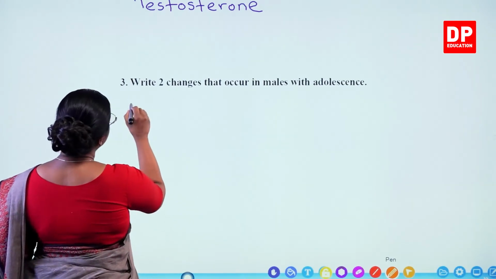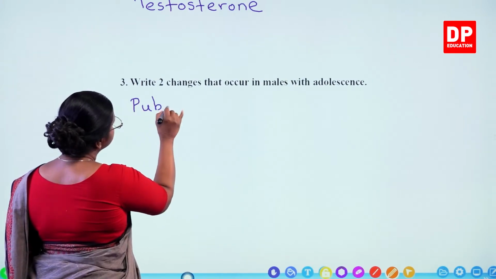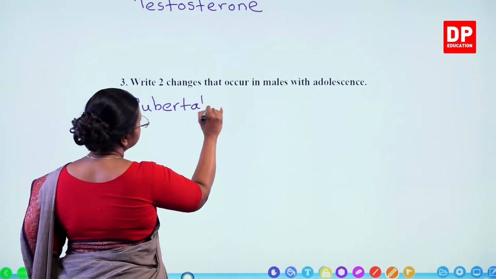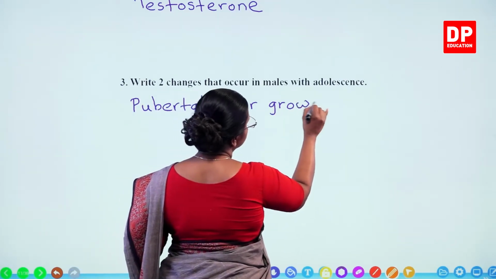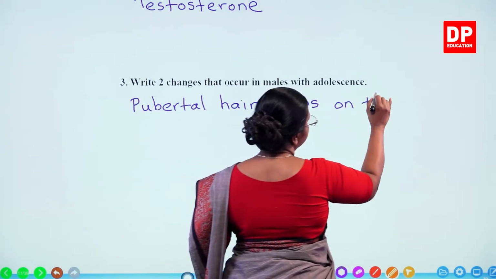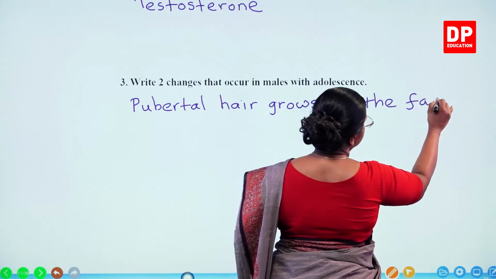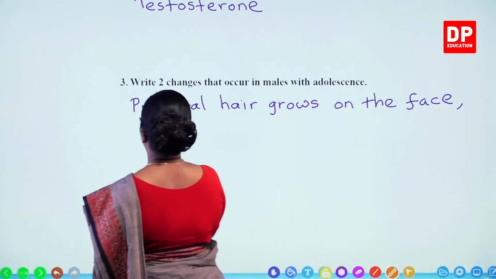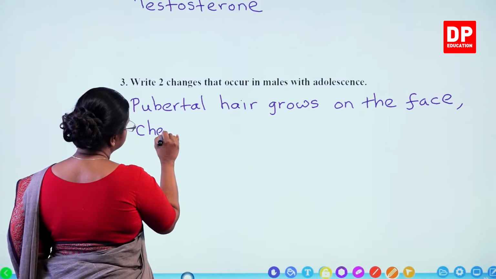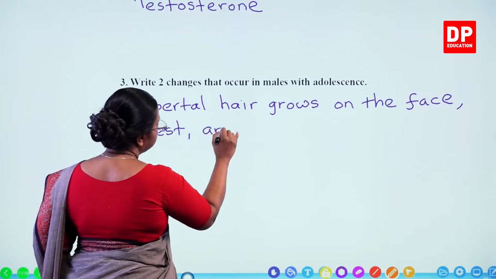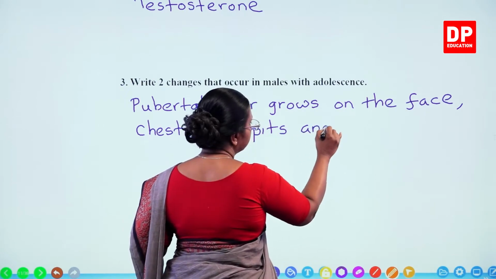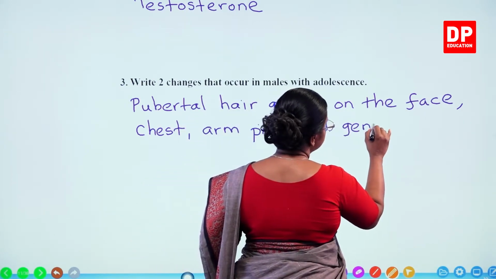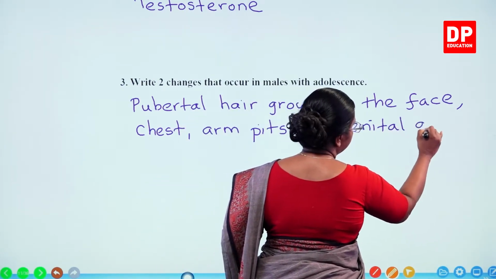Write 2 changes. Pubertal hair grows on the face, chest, armpits and genital areas.